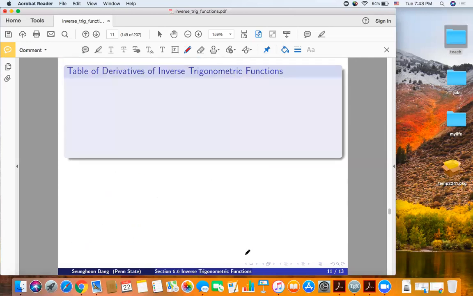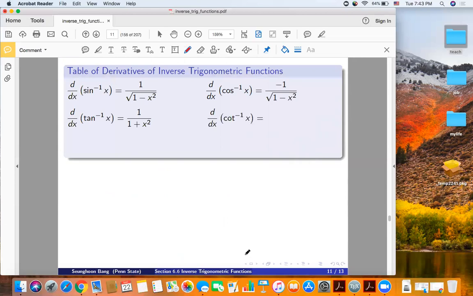So you need to memorize these 6 important derivative rules. The derivative of inverse sine of x is 1 over the square root of 1 minus x squared. Inverse cosine of x is minus 1 over the square root of 1 minus x squared. Inverse tangent of x is 1 over 1 plus x squared.